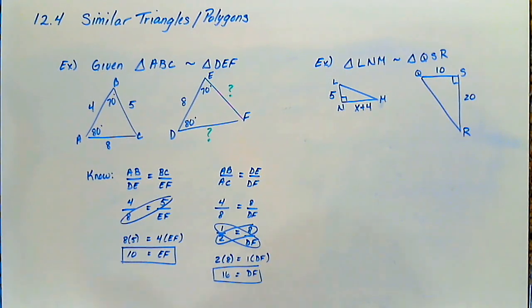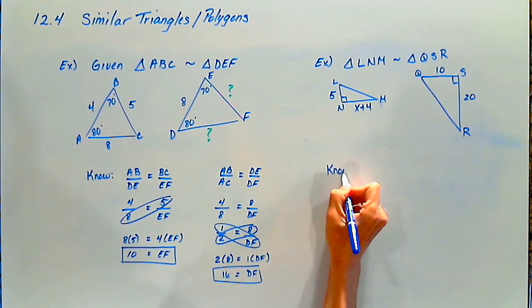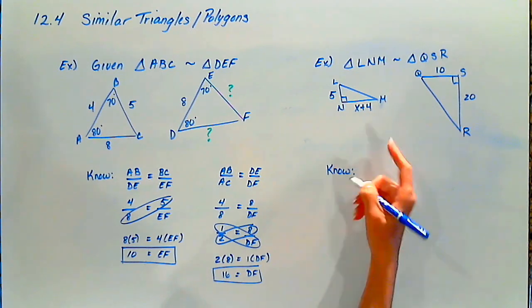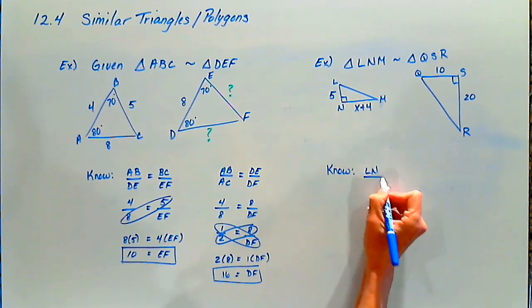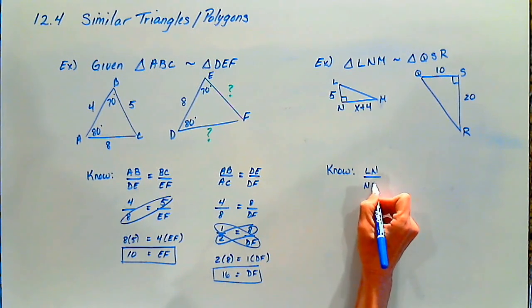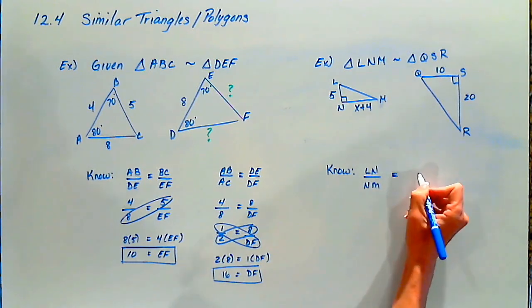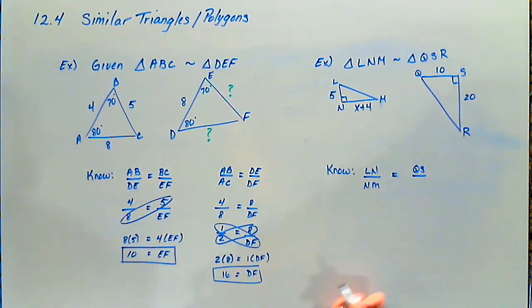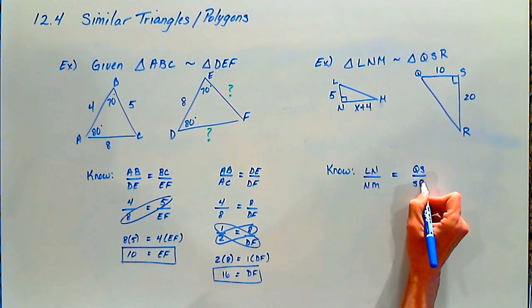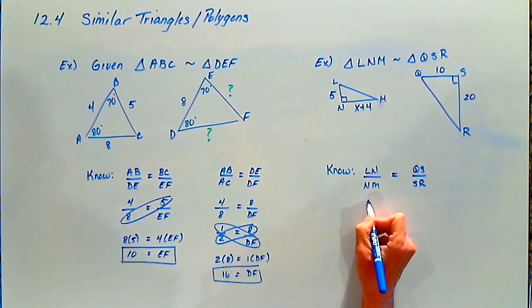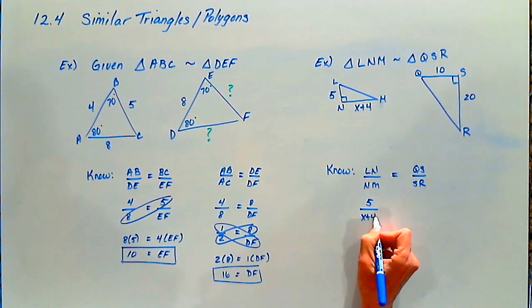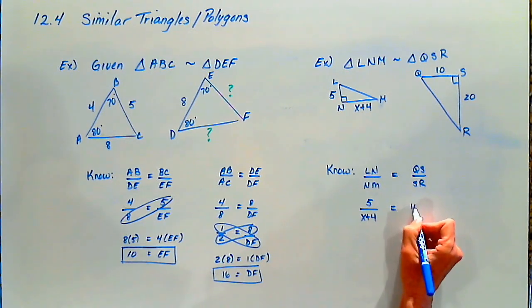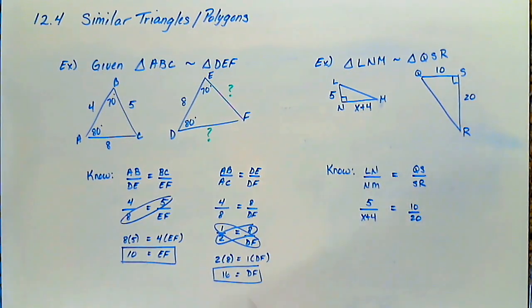So I could set it up as the same as I did in the last case. Since we know these are corresponding, LN is to NM as QS would have to be to SR. So filling in what we know, 5 is to x plus 4 as 10 is to 20. And again, you may see right away that if I take half of 10, I get 5.